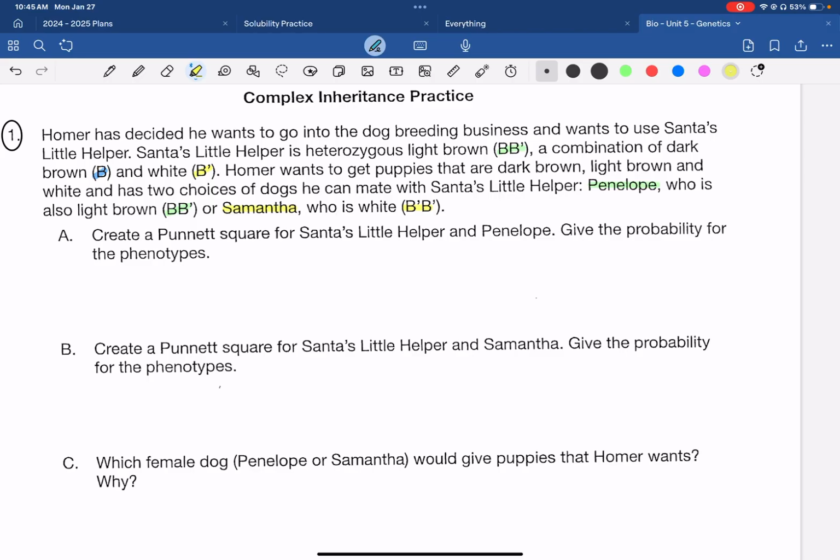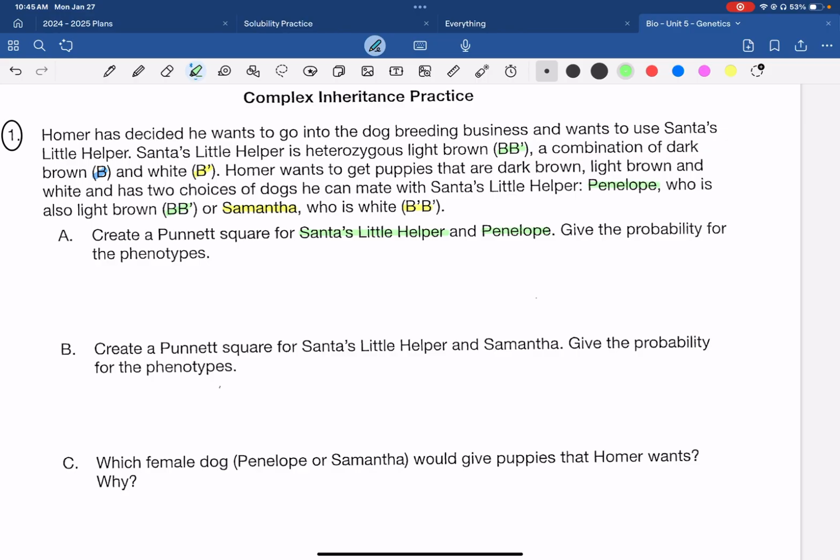Part A says create a Punnett square for Santa's Little Helper and Penelope. Notice they're both highlighted green here because both of them are heterozygous. Both of them are light brown.